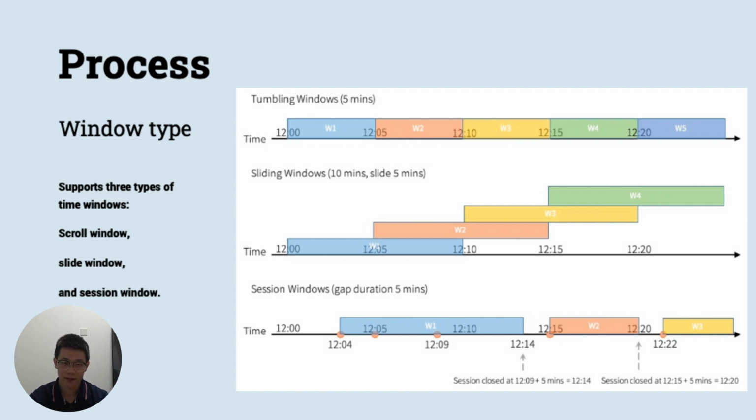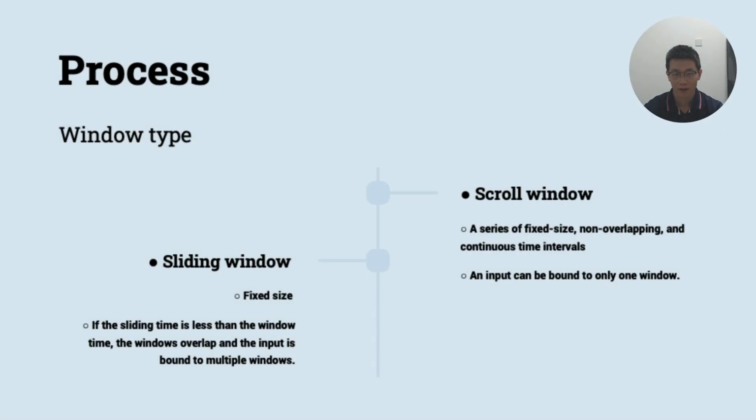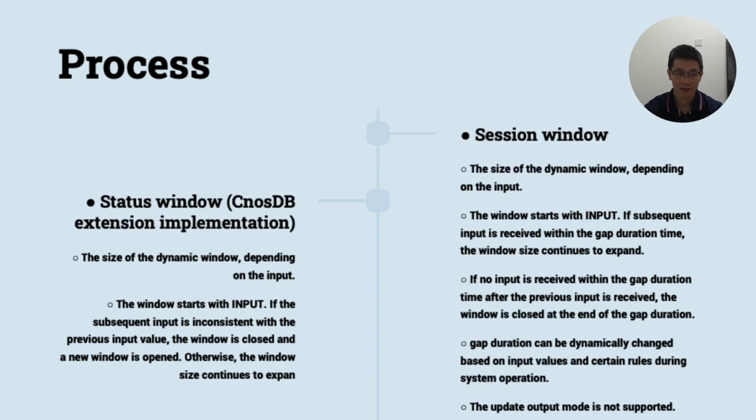In addition to these 3 types of windows, there is also the state window. The state window is used in stream processing and also in time series scenarios. It's quite common in this context. Of course, we'll extend experiments in CnosDB, but I won't go into that specifically here today.